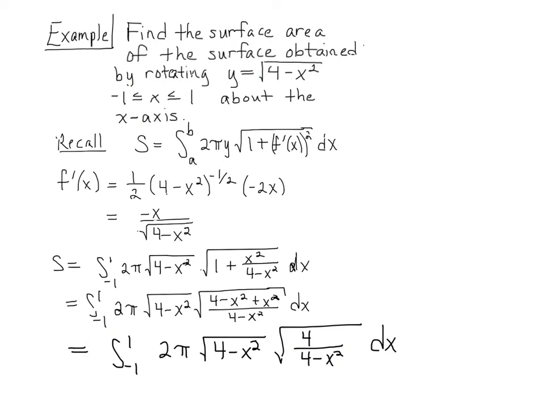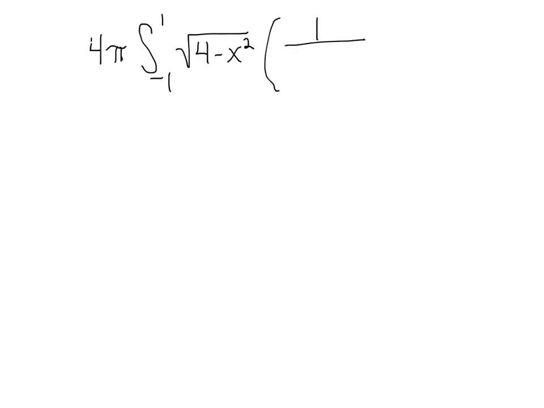When we do that, we get 4 pi times the integral from -1 to 1 of the square root of 4 minus x squared times 1 over the square root of 4 minus x squared, dx.